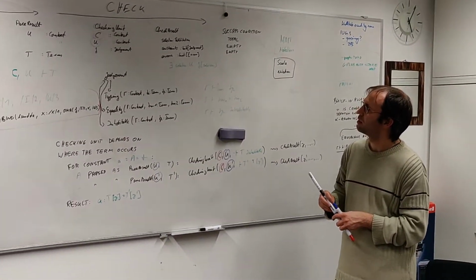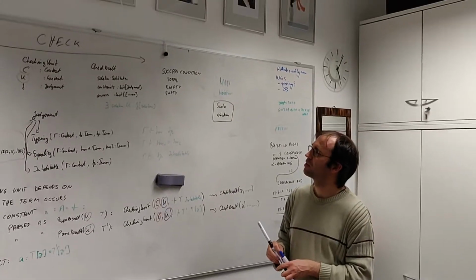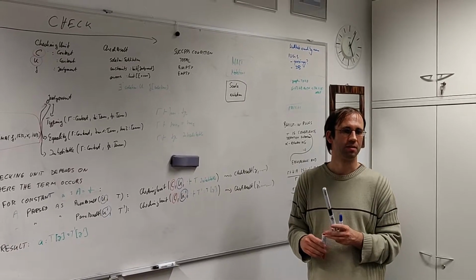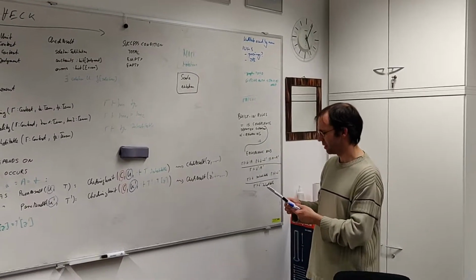Now, unfortunately, there are very few things that we can be certain are ill-typed judgments. Why is that?